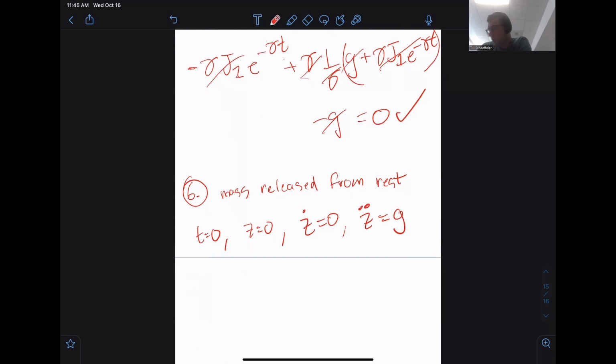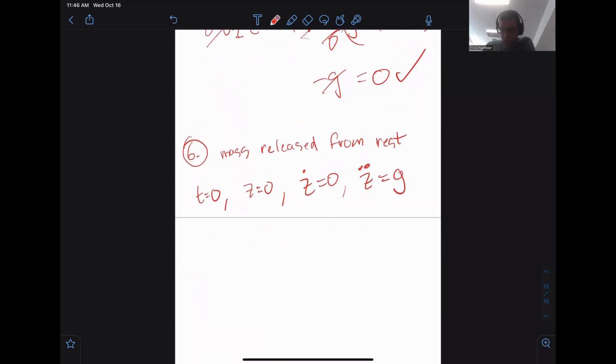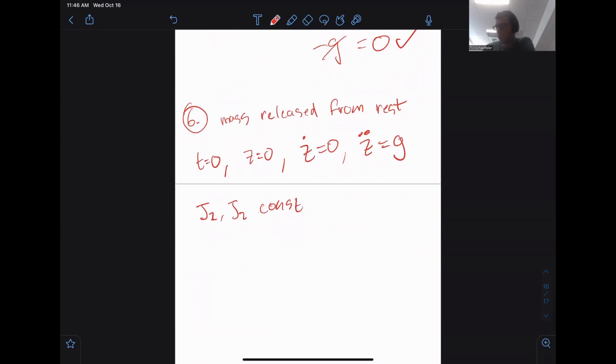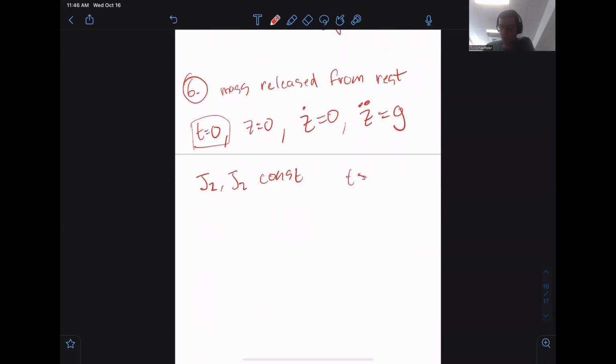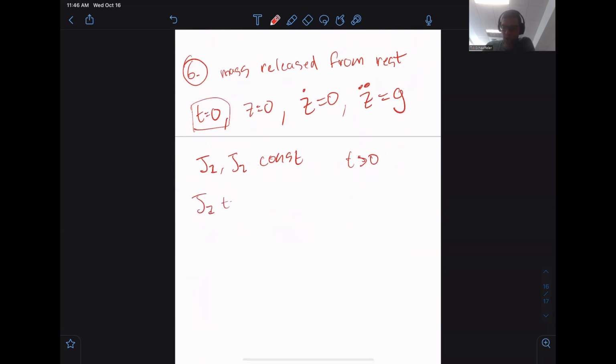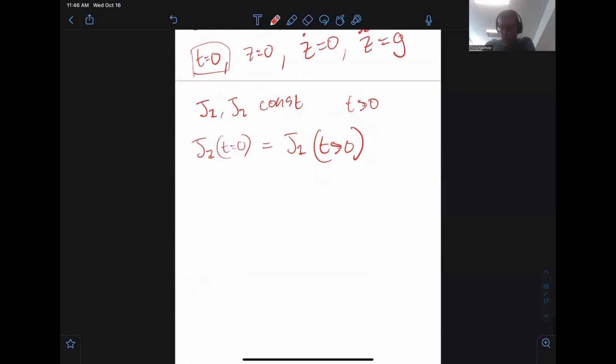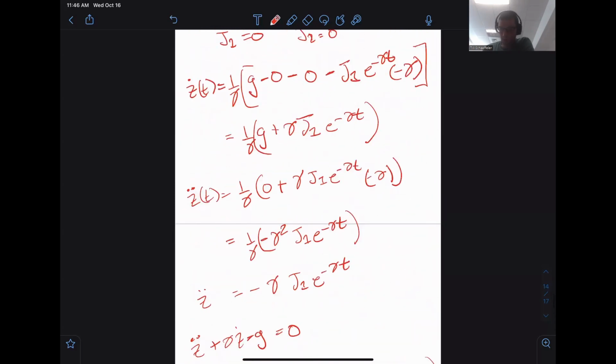Okay, so what does that mean for these constants? J1 and J2 are constants, which means that whatever they are at t equals 0, that's what they have to be at all later times when t is greater than 0. So what is J1 at t equals 0? Well, we have to remember what J1 was.